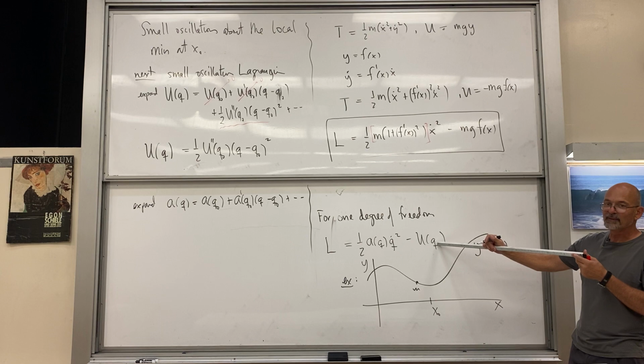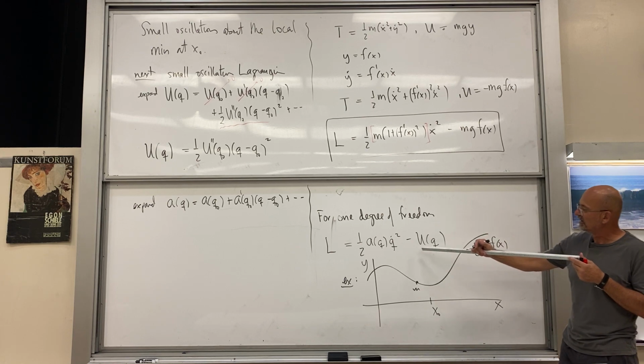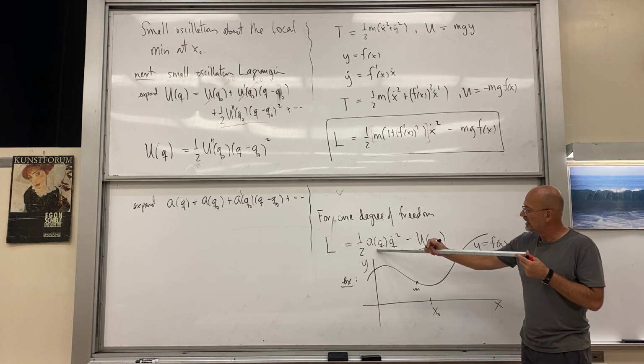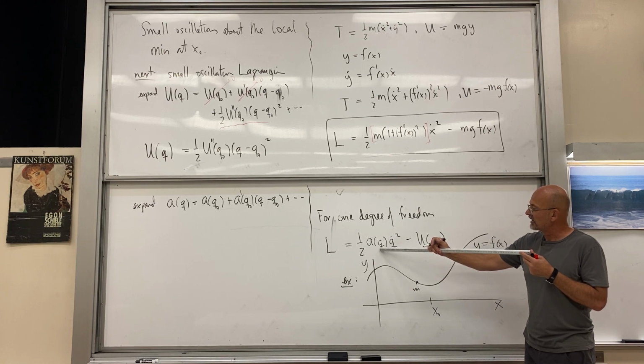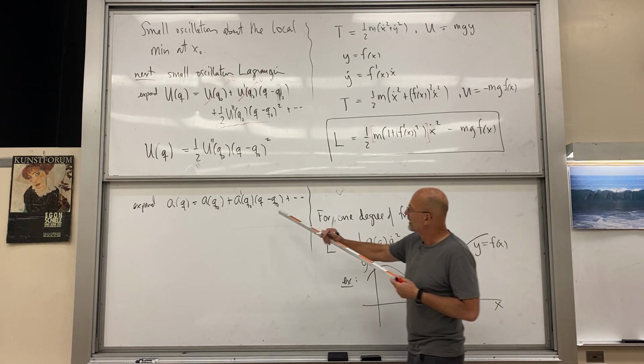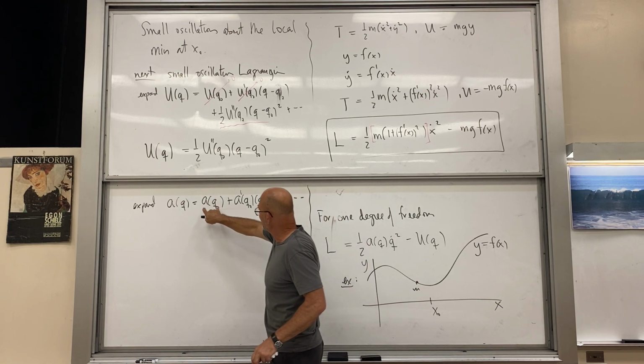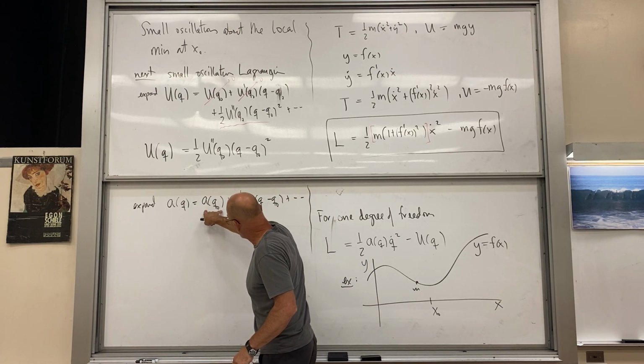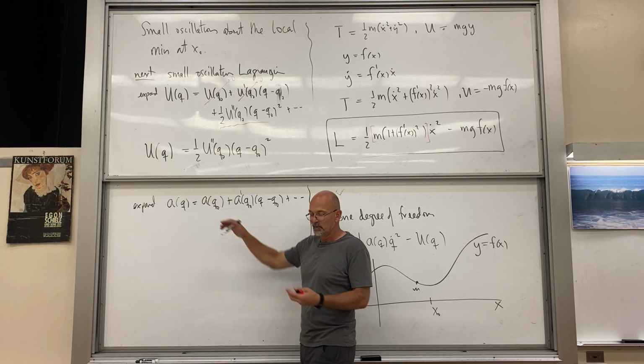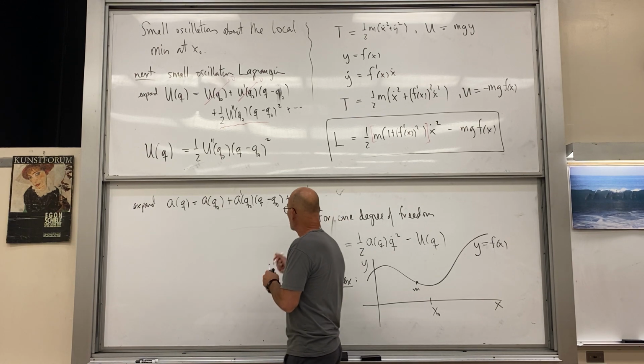We already know what's going to happen here, quadratic approximation. The A of Q times Q dot, the point is by making this small, we can keep A of Q as close to A of Q sub 0 as we want, which means we're just going to end up with a constant.